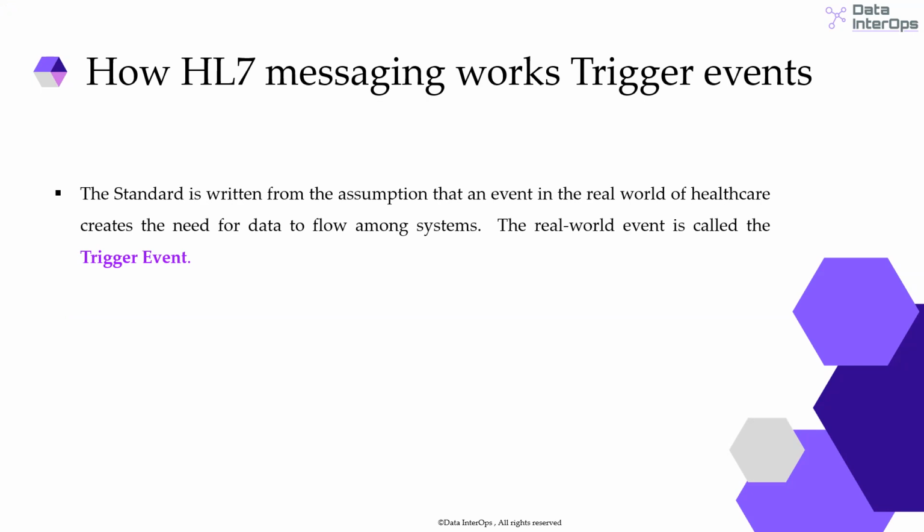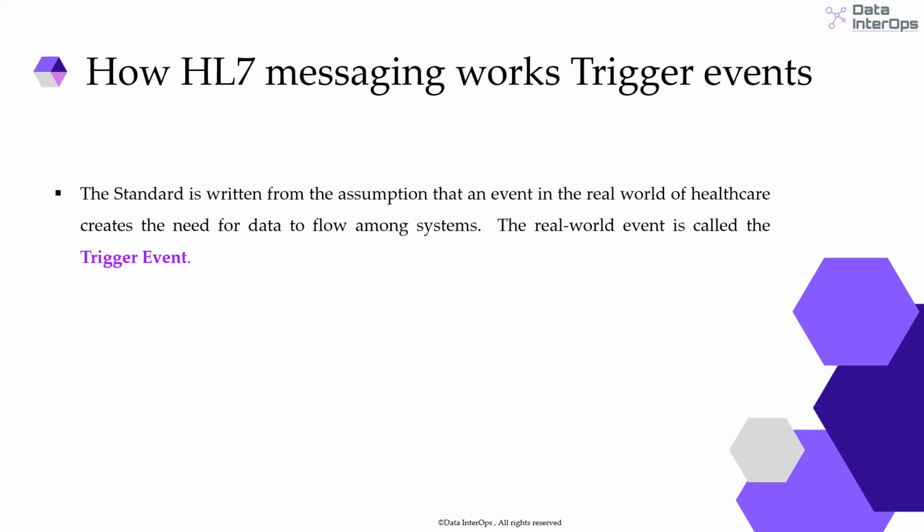The standard definition of trigger event is an event that is happening in the real-world creates the need for data to transfer from one system to another. If an event is generating a need for the data transfer, such events are called trigger events because they are triggering the data from one system to another system.